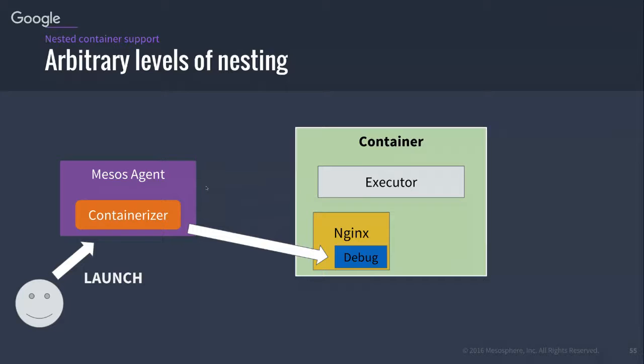Then that Mesos containerizer launch helper process is going to fork the actual user processes. But the namespace is properly nested. If you look at the nested container Nginx here, if you use the PID namespace isolator, its PID namespace is properly nested underneath the top level executor container.